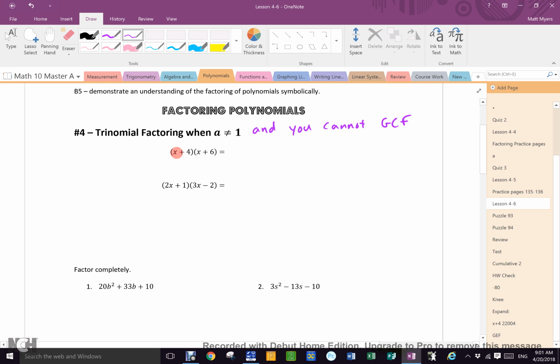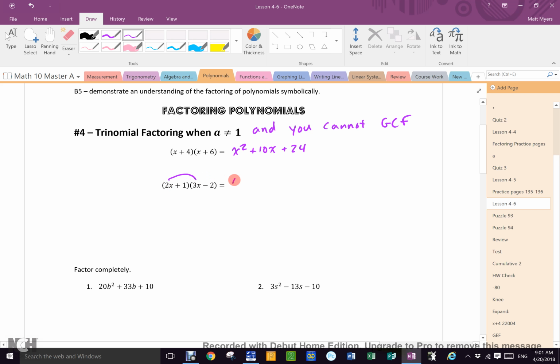All of you can expand that in about 1 second because it's a shortcut one, right? So you're going to go x squared, then you're going to add them, plus 10x, and then you're going to multiply them, plus 24. You can all do that, right? In like 2 seconds. Everybody's happy with that, correct? Now, how would you expand this one? You just got to do FOIL, right?